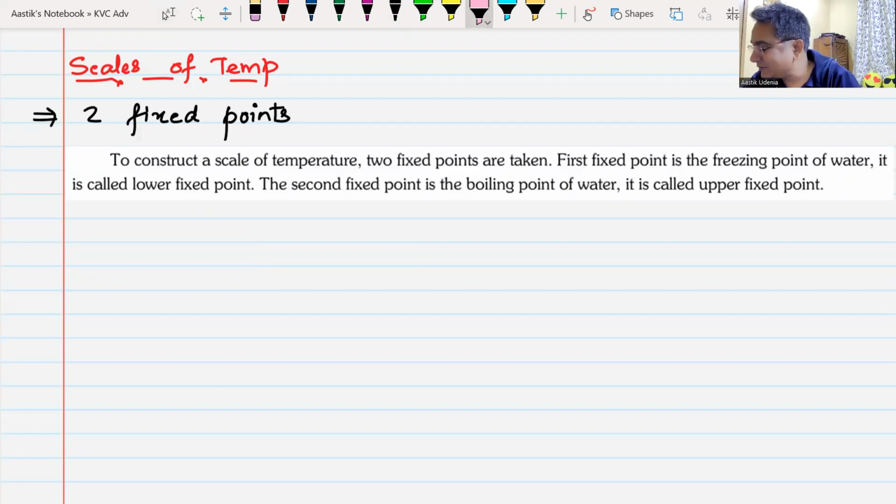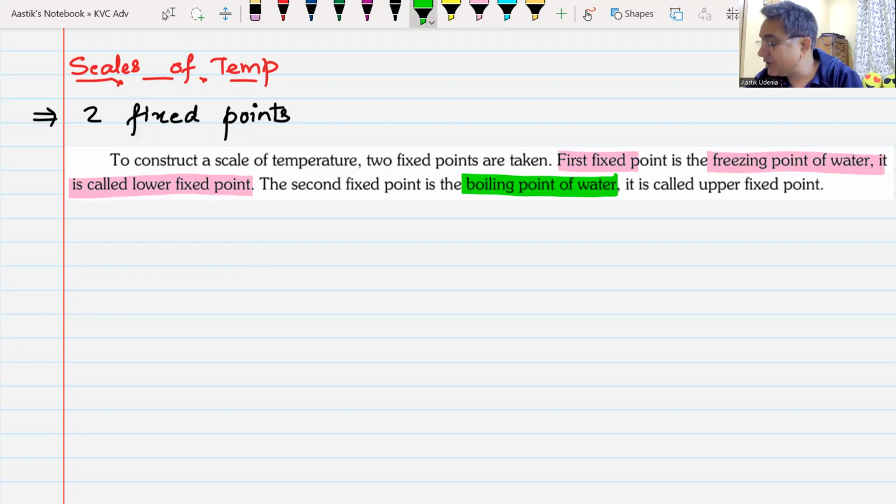The first fixed point is the freezing point of water. It is called the lower fixed point. The second point is the boiling point of water. It is called the upper fixed point. For any scale, two fixed points are there: freezing point of water and boiling point of water.